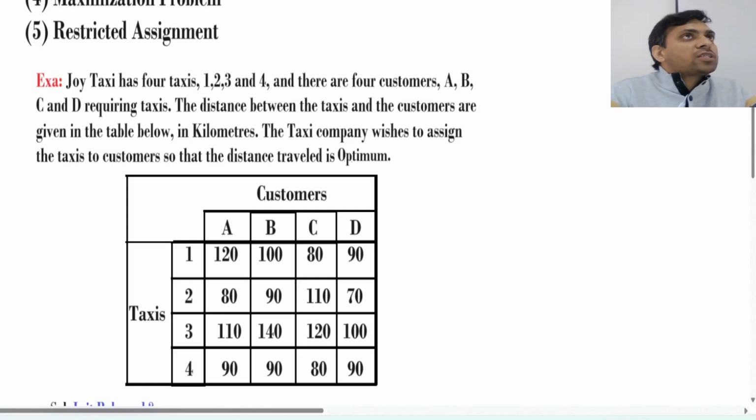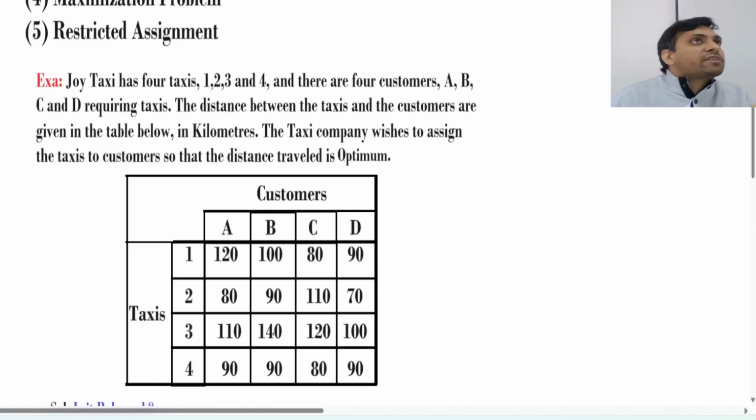So, as there is problem associated with distance. In business organization, just like in Ola or Uber, distance should be minimum or maximum? Distance of customer from the taxi should be minimum or maximum? Minimum. Clear? Profit of the company should be minimum or maximum? Revenue of the company should be maximum or minimum? Maximum. Okay. So we will decide this problem is associated with minimum or maximum on the basis of the given data set.